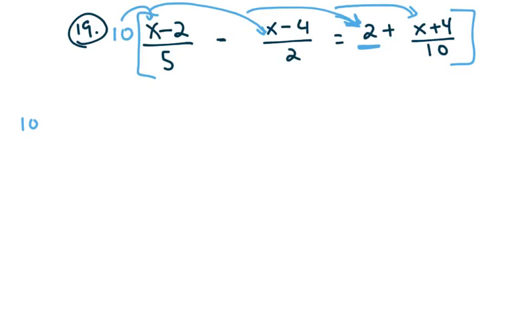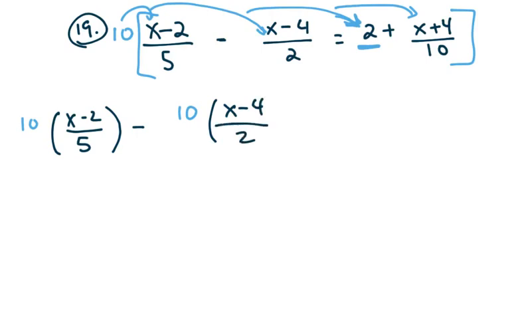So it's 2 parentheses x minus 2 minus 10 parentheses x minus 4 over 2. No, this doesn't have parentheses, but you have to treat it as if it does.